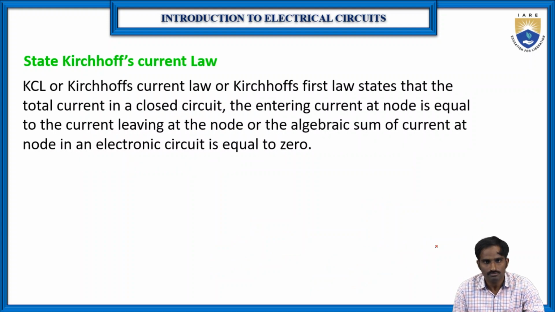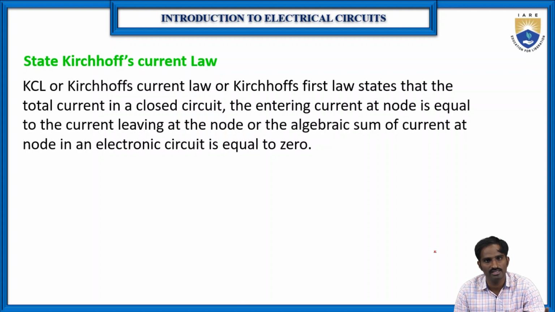Then the other two basic laws related to electrical circuits are usually called Kirchhoff's laws. These Kirchhoff's laws are mainly used to reduce the network, to find a current or find a response at any point of the circuit.